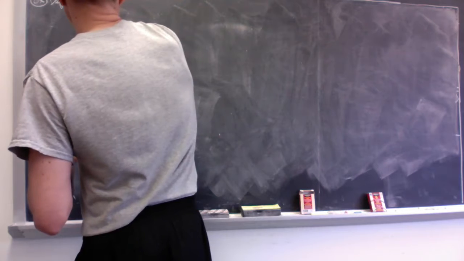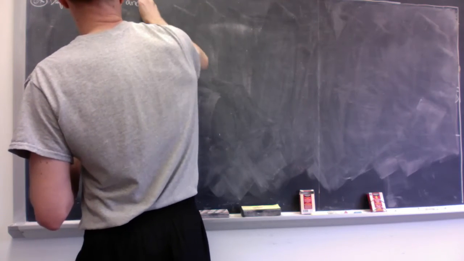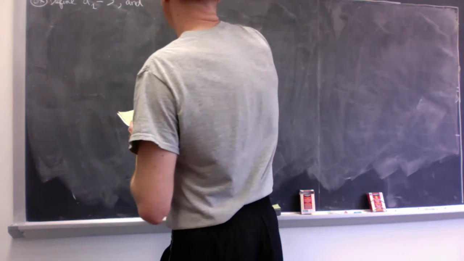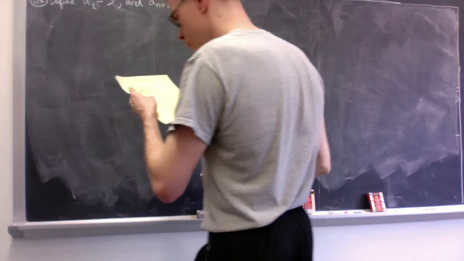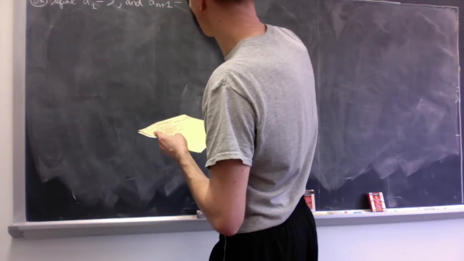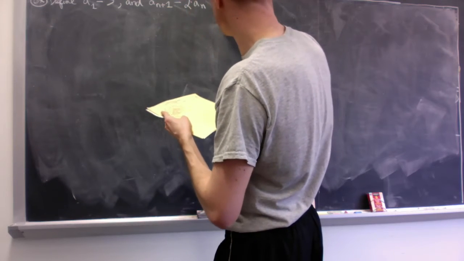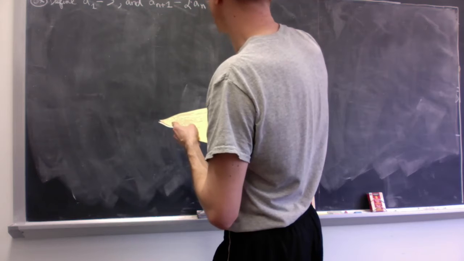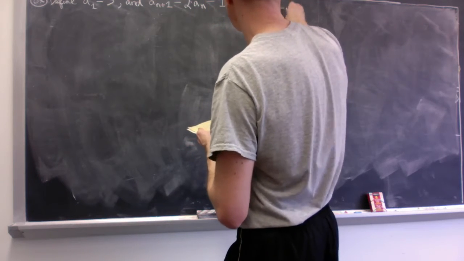And A1 is defined to be 3. I'm just telling you what that one is. But then for the other sequence terms, I'll tell you that A sub n plus 1, the n plus first term, is recursively 2 times the previous term, an, minus 1, for every positive integer n.